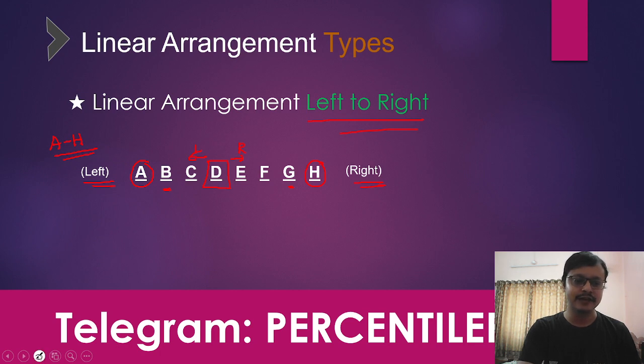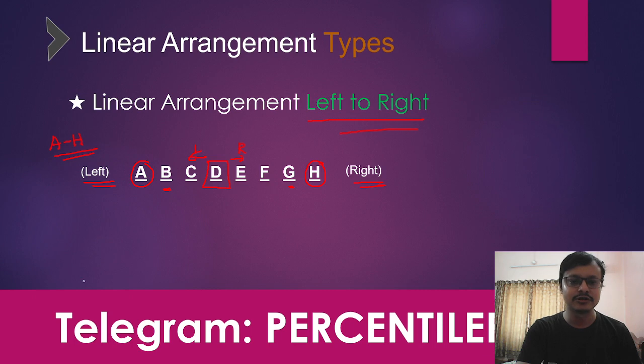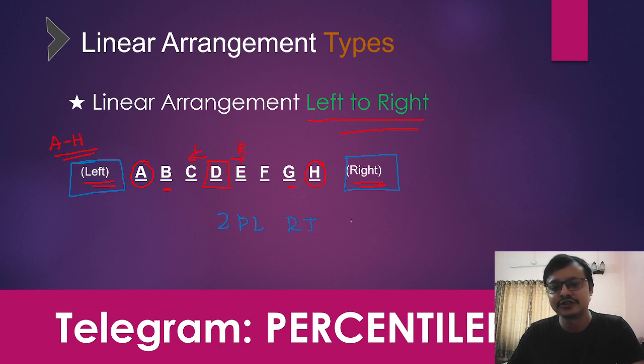How do you understand left and right? It can be easily understood by looking at this as the right direction and this as the left direction. This gives you a good understanding of who's to the left and who is to the right. Now, in case they ask you who is seated 2 places to the right of F, how do we do this?